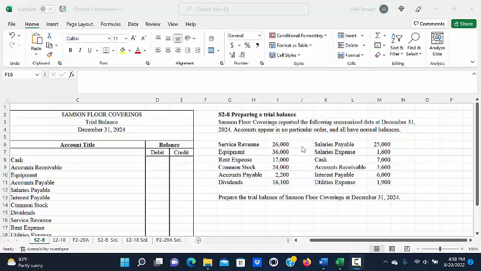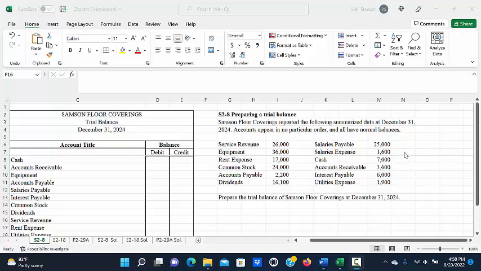Now, when you're new at this and you haven't got much experience, sometimes it's good just to go ahead and write out beside each one of them what type of account they are. If you're not sure, like you can tell this is a revenue account, but do you know that equipment is an asset account? You can see this is an expense account, but do you know that common stock is an owner's equity account, and accounts payable is a liability account, and dividends is our first temporary account, and then salaries payable is a liability.